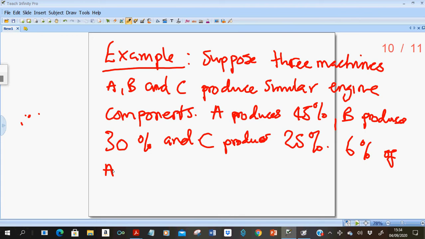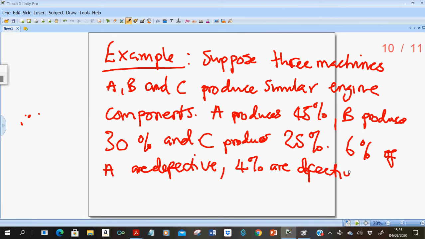In short, they are defective. 6% of machine A are defective. And we're told that of machine B, 4% are defective. And from machine C, 3%.